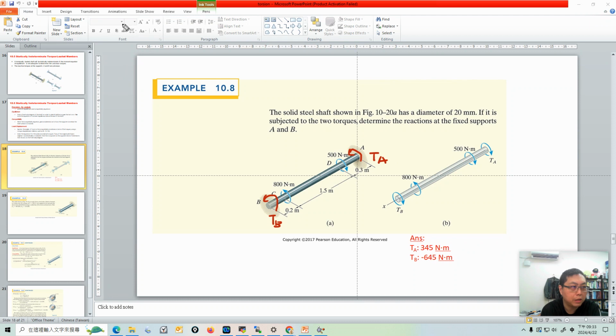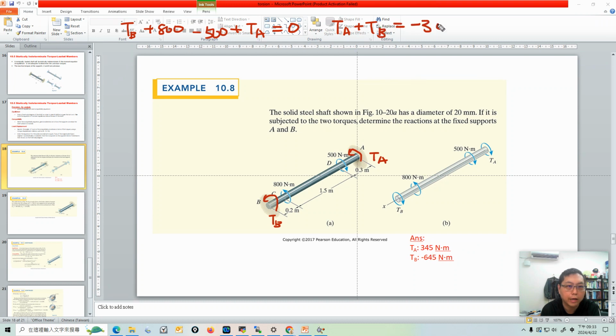Because the whole system is static, TB is counterclockwise, so plus 800. This 500 is clockwise, so it's minus 500, and TA is positive, equal to zero. So TA plus TB, what do we get?